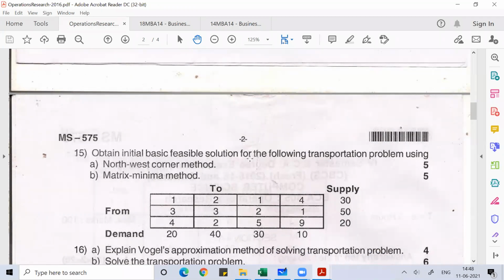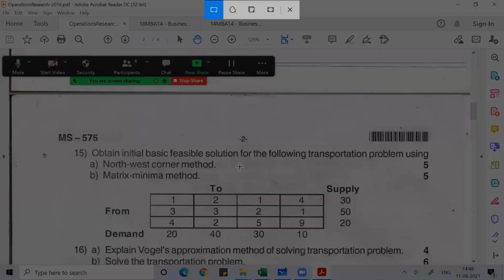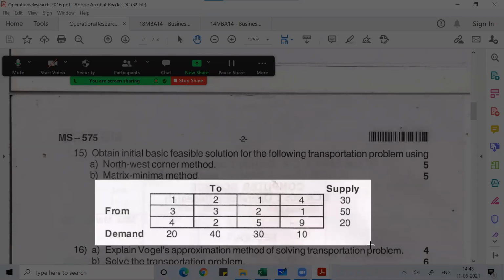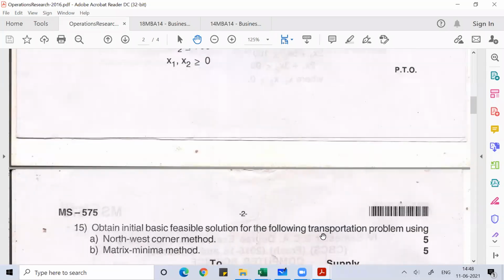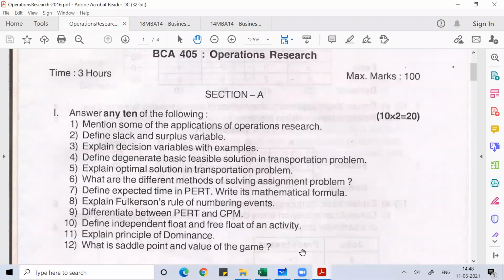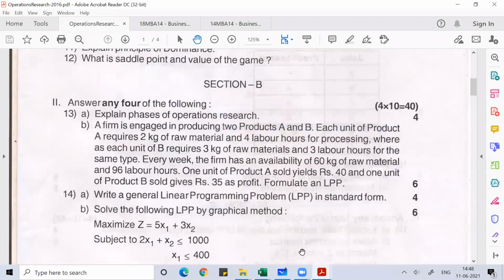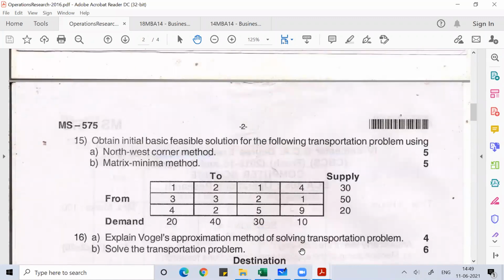Today I'll discuss it by the matrix minimum method, taking the same set of data. Let me copy this data. This question came in May 2016.